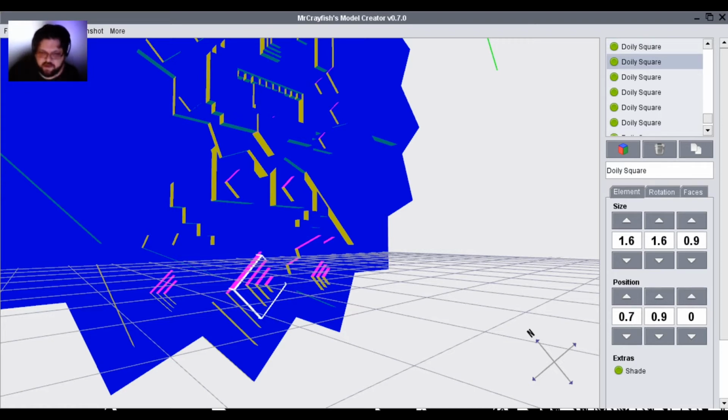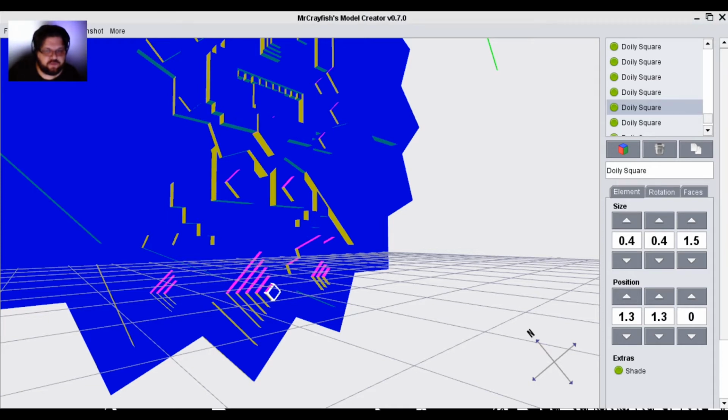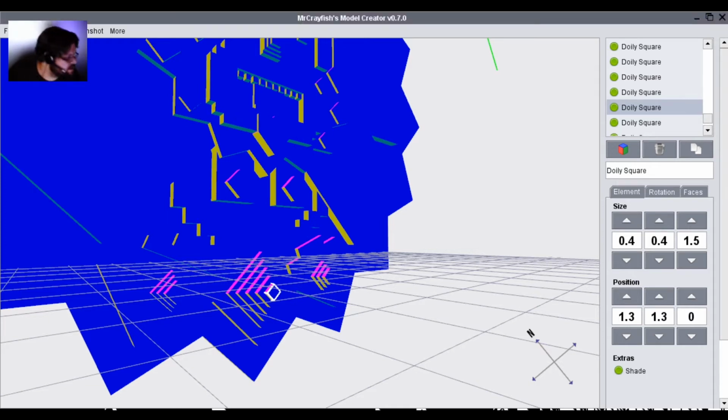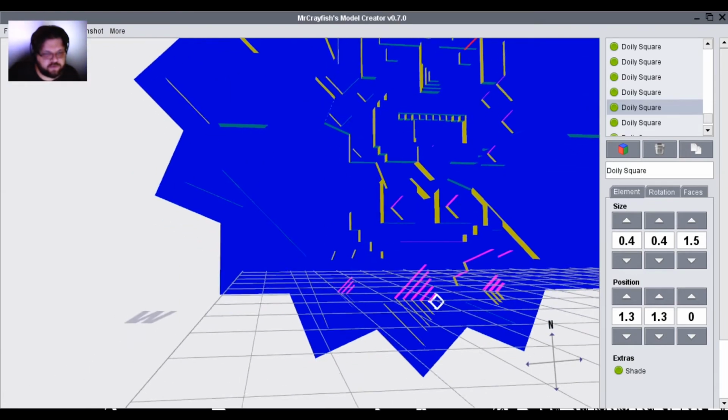So 0.7, 0.7, 0.9, 0.9, 0.1, 0.1, and then 0.3, 0.3. And I saved it! Woo!